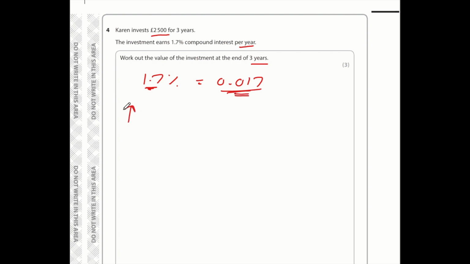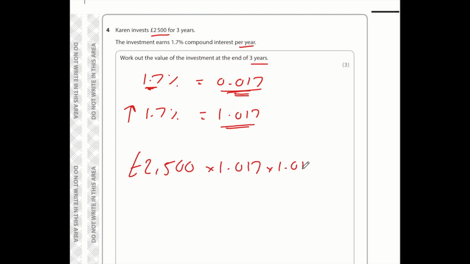If you want to increase by 1.7%, we need to add 1. So we would use 1.017. This is the multiplier for a 1.7% increase, whereas the other is the multiplier just to calculate 1.7% of an amount. So the calculation is 2,500, multiplied by 1.017 3 times, or 1.017 cubed if you prefer.